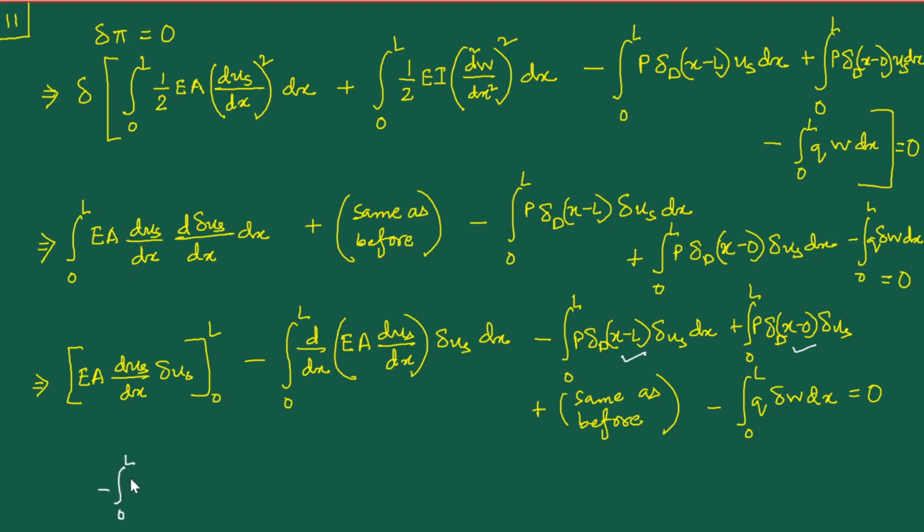Integration 0 to L of t times Dirac delta of x minus L, delta u_s dx, plus... this thing can directly of course be written, because at the very outset I had noted that this is simply this.